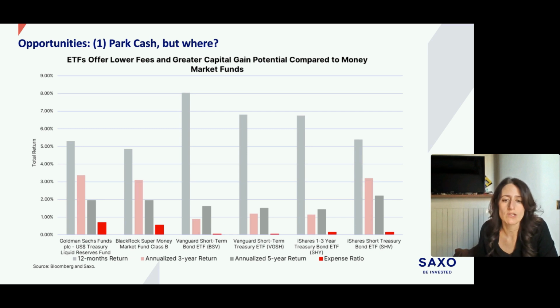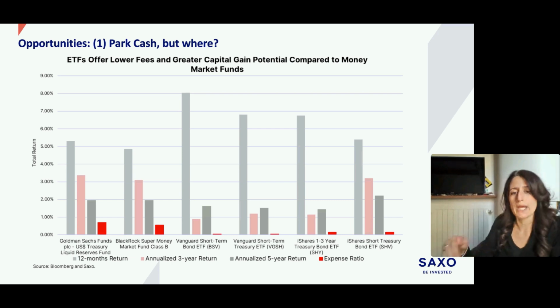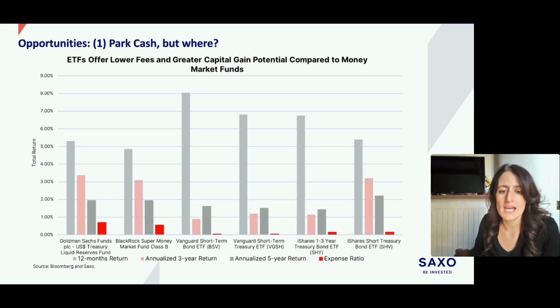They have quite a high expense ratio. And while it's true they had quite a valuable total return for the past 12 months and the 3 years, when we compare it with ETFs, we see that in the past 12 months, they have not been performing as well as ETFs. Why? Because they haven't been gaining from capital appreciation.